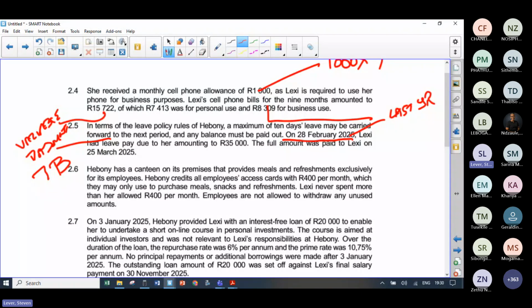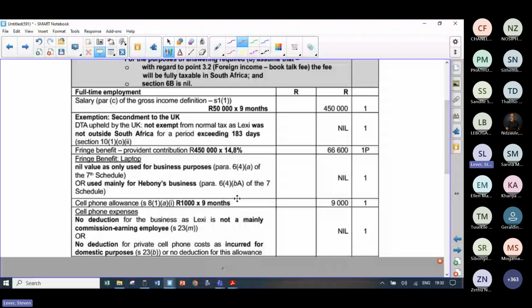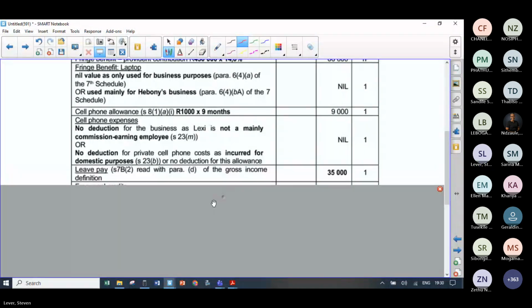And it says it was paid on 25 March 2025. That's why inside the solution, it goes into this year's taxable income. Even though it relates to last year, it was only paid this year. And because it's only paid this year, it goes into this year's taxable income calculation.